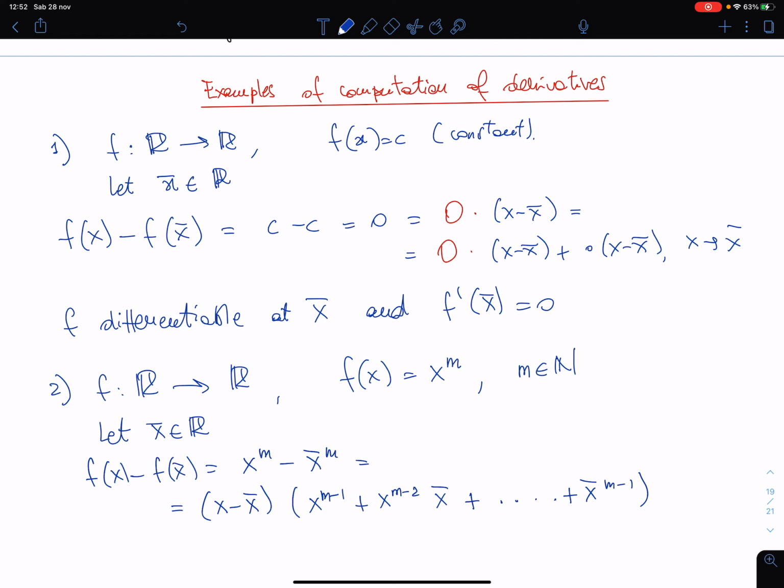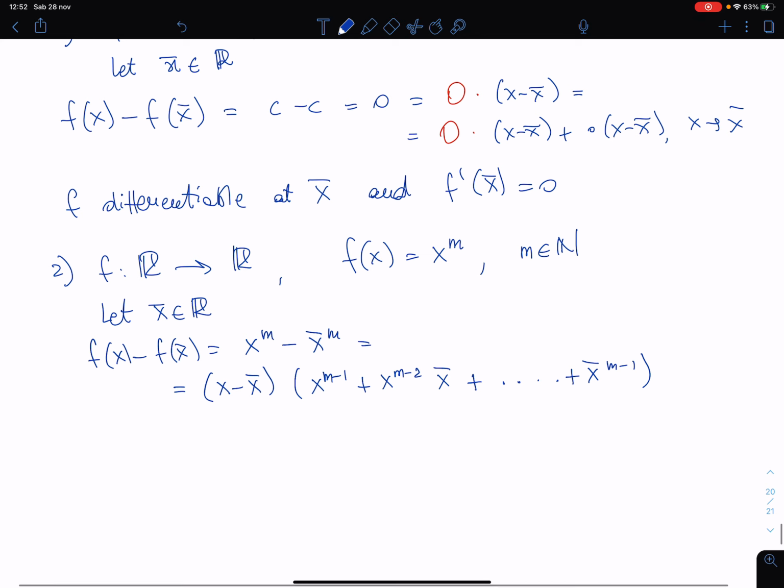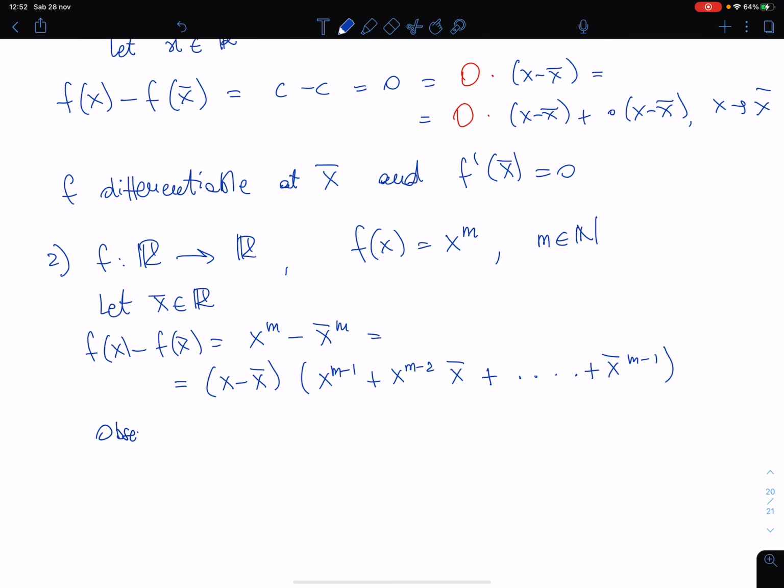Now, let us observe the following stupid statement: x to some power j is equal to x bar to the same power j, plus an infinitesimal, so to say little o of 1 when x goes to x bar.